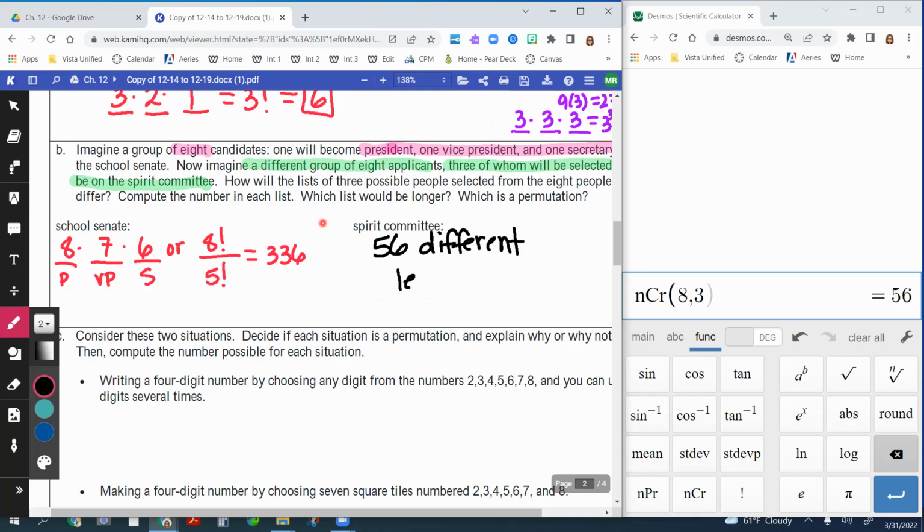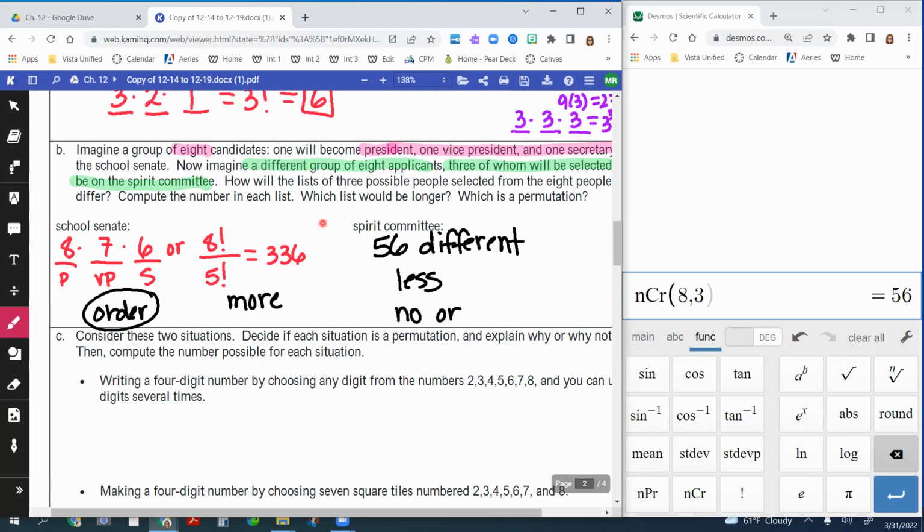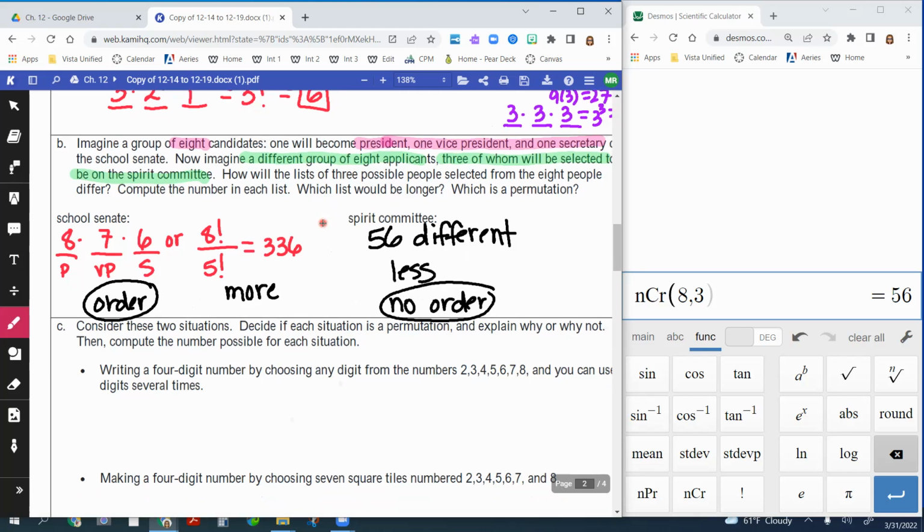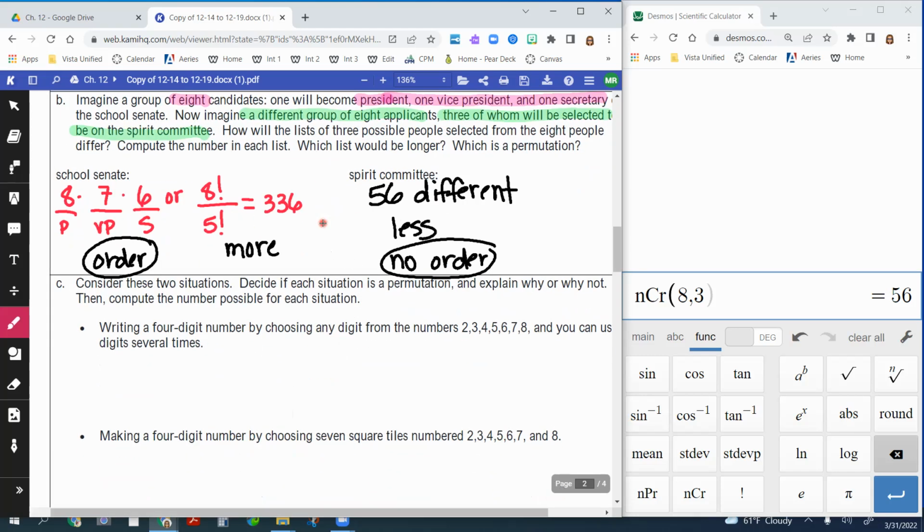So this one has less, this one has more. So when there was order, there was more. When there was no order, there was less. Okay. And that's going to be important on something that we're going to be learning later in the week.